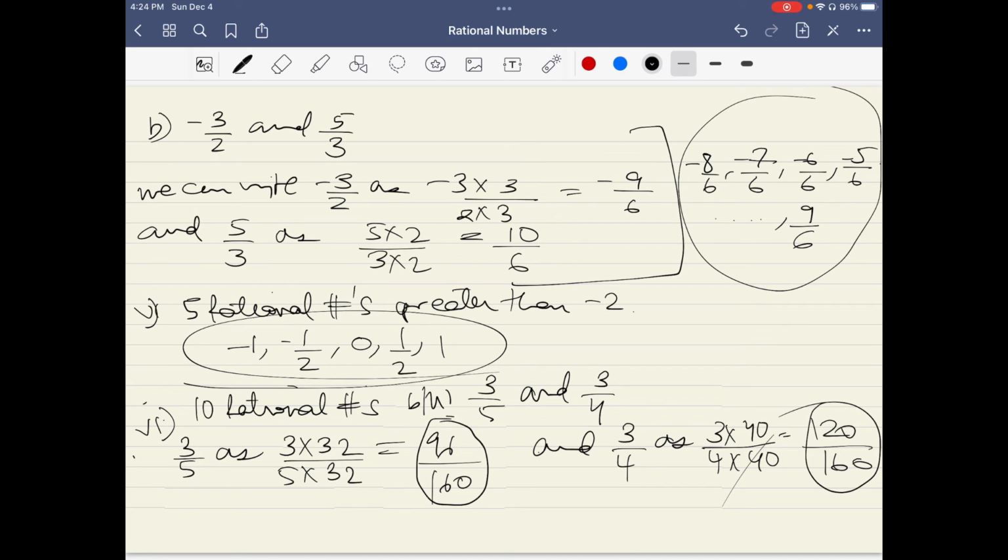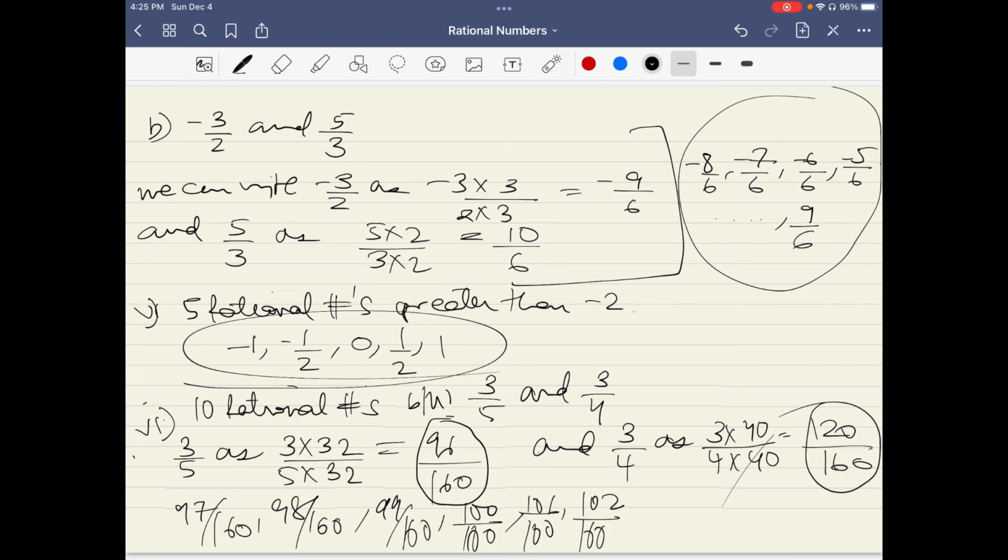I'll list some of them. Some of them are 97 over 160, 98 over 160, 99 over 160, 100 over 160, 101 over 160, 102 over 160, 103 over 160, 104 over 160, 105 over 160, so on and so forth, 118 over 160, and 119 over 160.